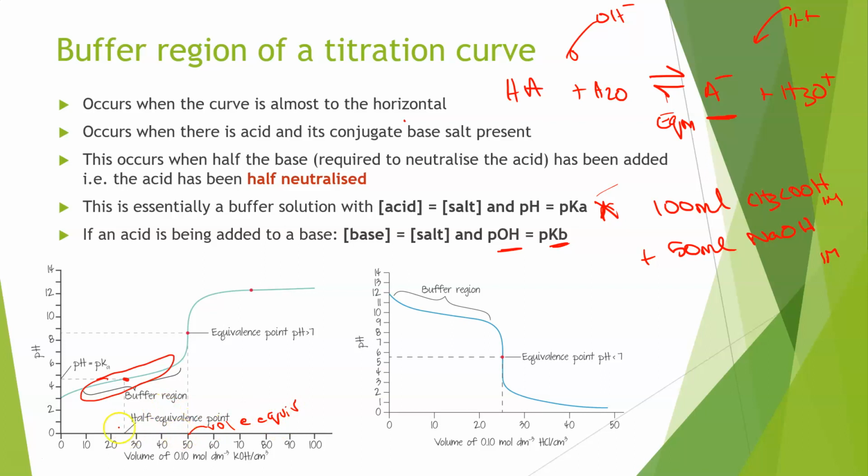And then at half that, so at 25, we can determine the pKa of the system by the pH at that point. So if we're starting with a base, the buffer region is going to be the flatter region prior to the curve, just before the equivalence point. And again, the pH at half the equivalence point would be equal to the pKb of the base.